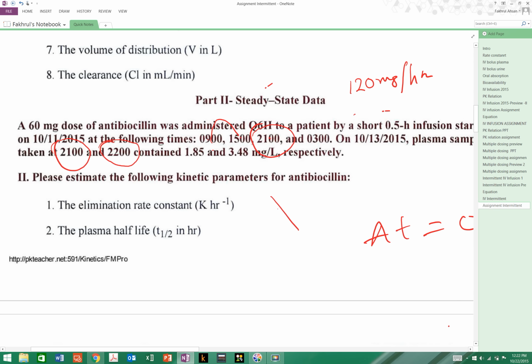So here 1900, then 1500, then 2100, and then 3 hour. What is happening in this case, they took the sample the same time when they administered the drug. So that's why there is no difference between C trough and Cmin.